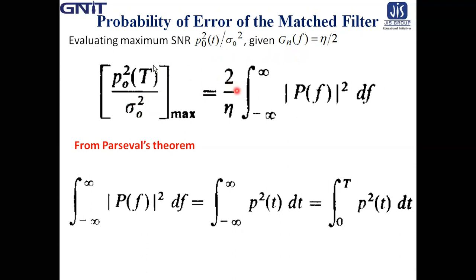Therefore, the maximum value of P0 square T by sigma 0 square equal to 2 by eta, integral from minus infinity to plus infinity of |P(f)| square, because it was |P(f)| square by G_n(f). So G_n(f) equal to eta by 2, so now that should be 2 by eta.